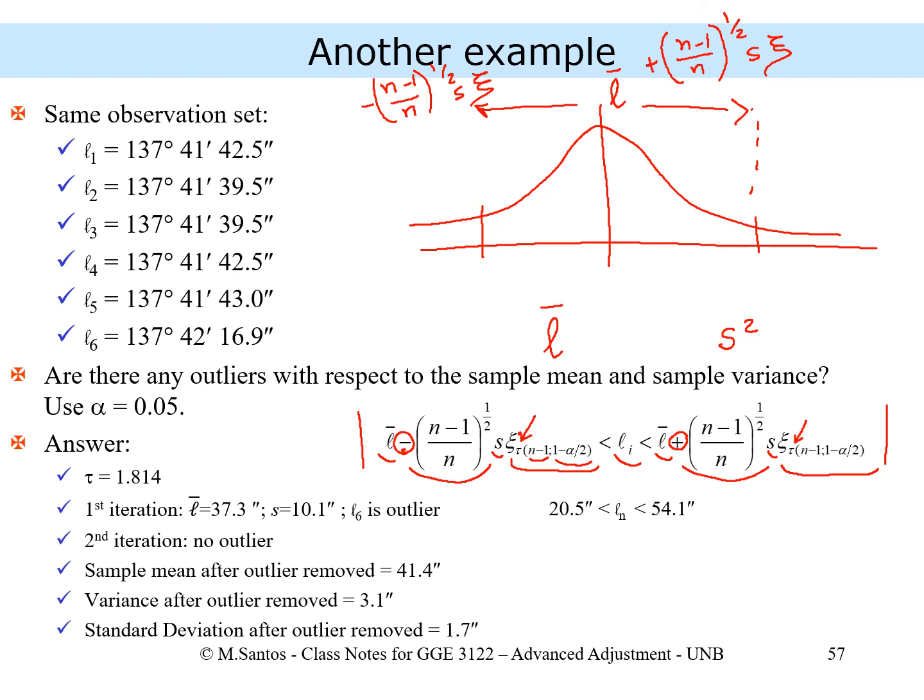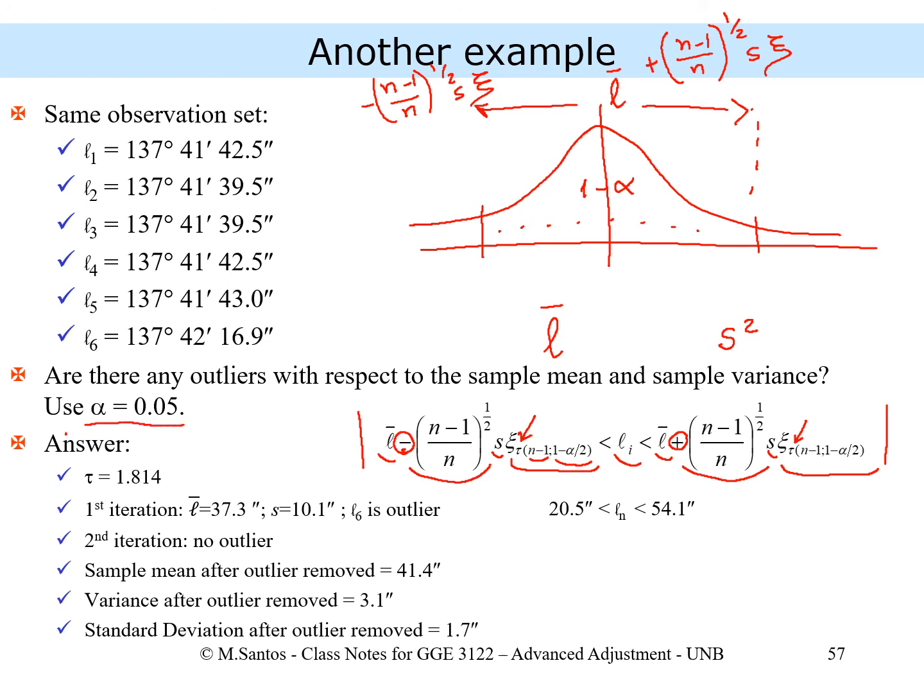So the difference here is the negative sign, and of course the observations. The observations that fall inside this area will be accepted with 1 minus alpha confidence level, and the other ones will be rejected.